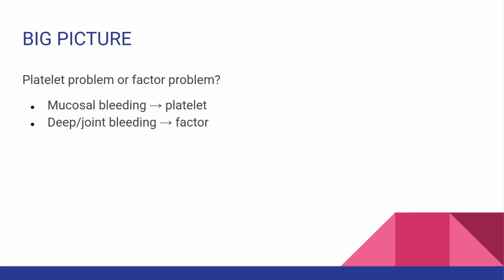Because if it's a platelet problem, it can cause mucosal bleeding, whereas if it's a factor problem, it causes more deep tissue or joint bleeding. And this is going to help you narrow down the diagnoses.